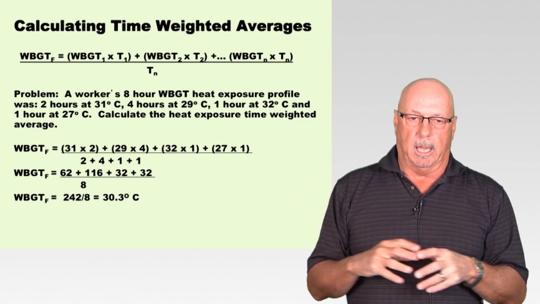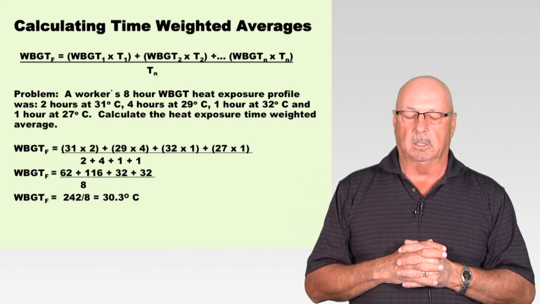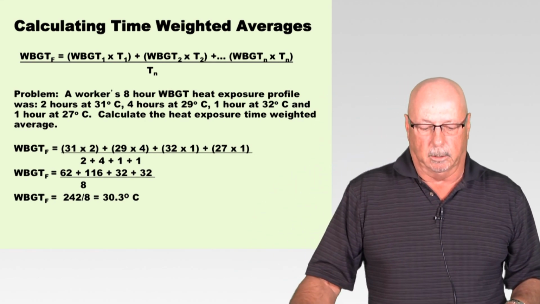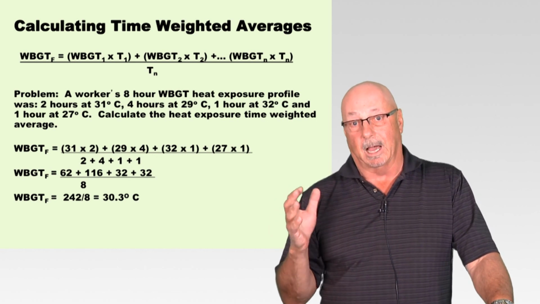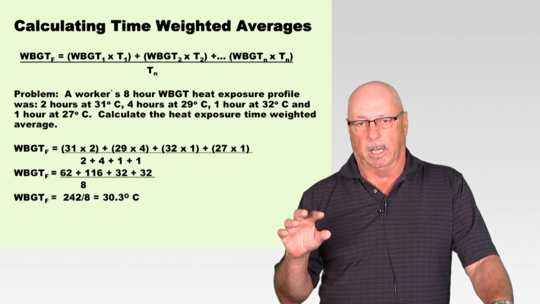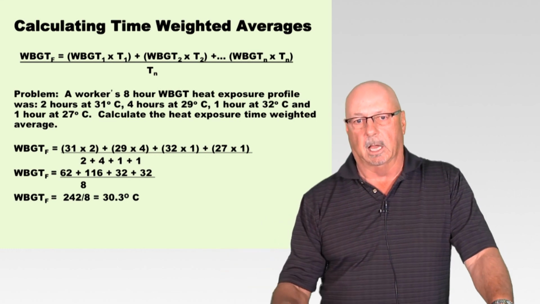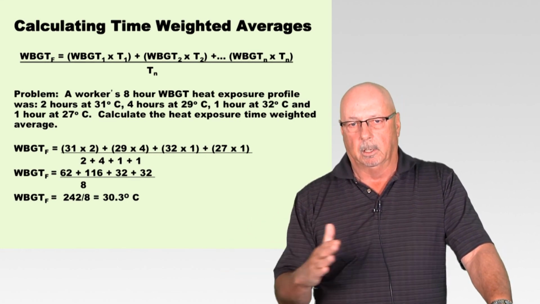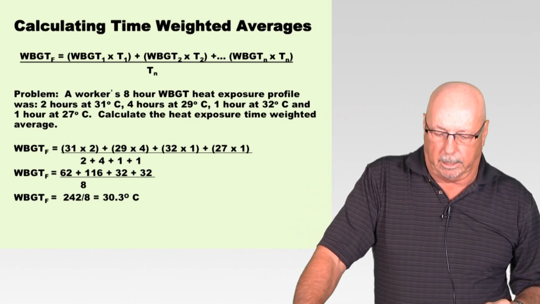We can use a calculated time-weighted average with the WBGT formula, as illustrated here on the top line, where the recorded value for a certain time period is multiplied by that time period, added to your second time period multiplied by its WBGT, and so on, however many time periods you have, and you would come up with your overall calculated 8-hour or whatever time period you are calculating.